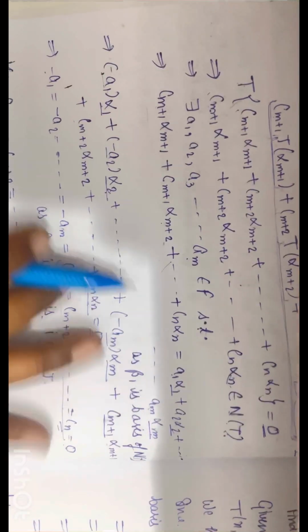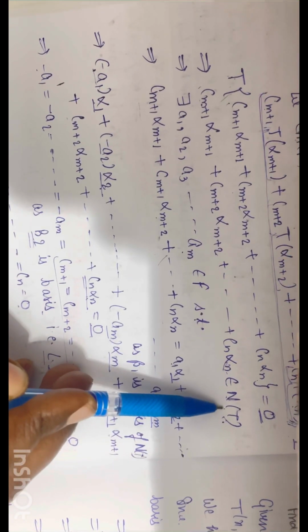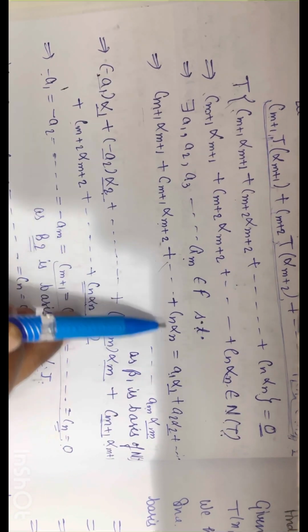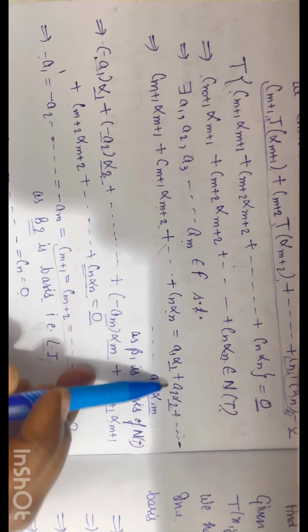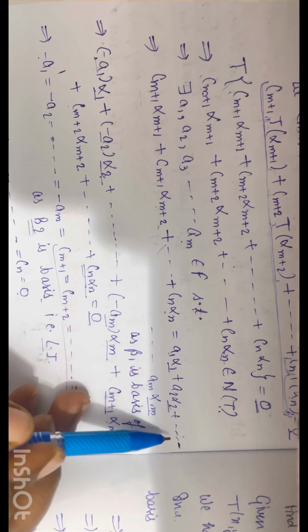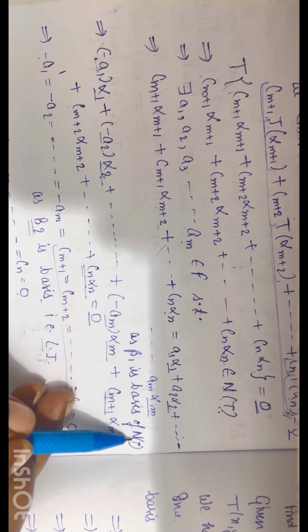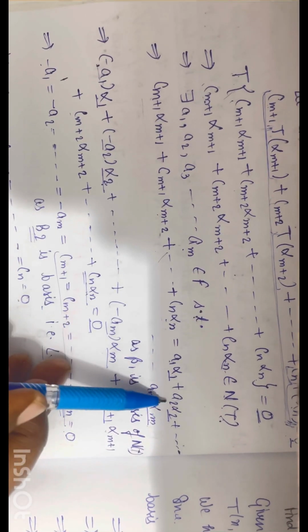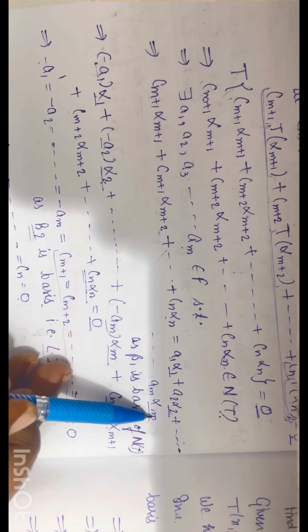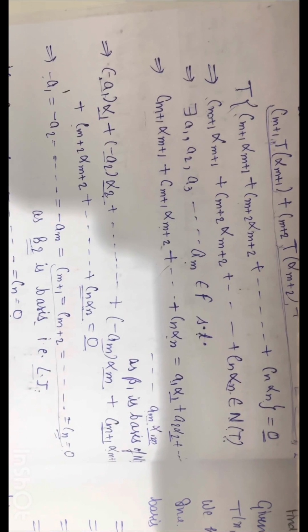Here, this element is belonging to the null space of T, so it can be written as a linear combination of the elements of B1. Here alpha 1, alpha 2, alpha 3, alpha m are the elements of B1, the basis of the null space of T. Here the scalars are given like this.